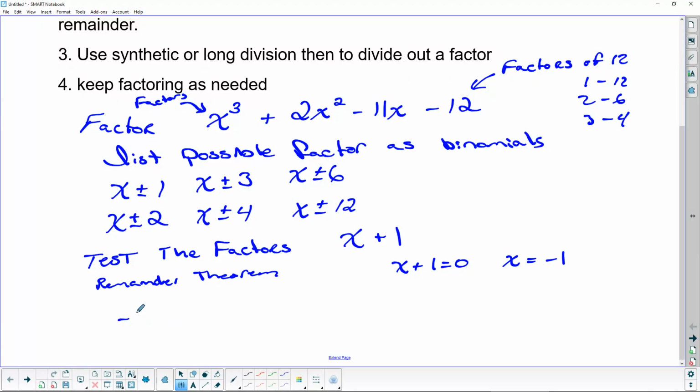So we go negative 1 cubed, plus 2 times negative 1 squared, minus 11 times negative 1, minus 12. Now if we get a 0, that means we have a factor.